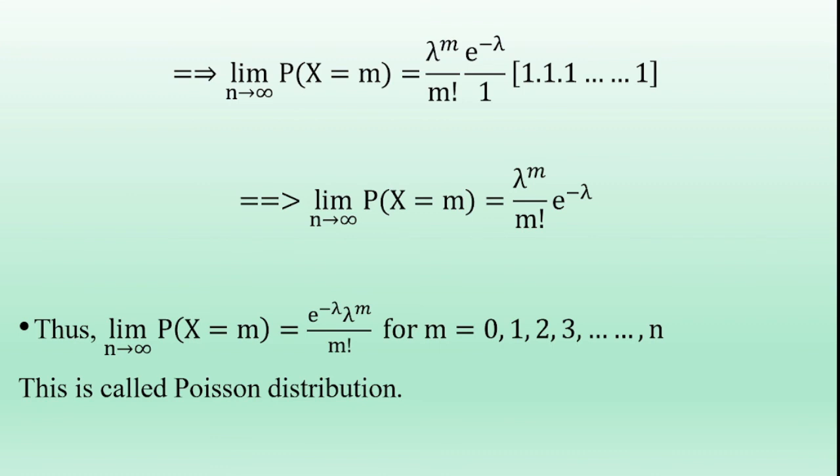The Poisson distribution is mostly applied to counting type problems.